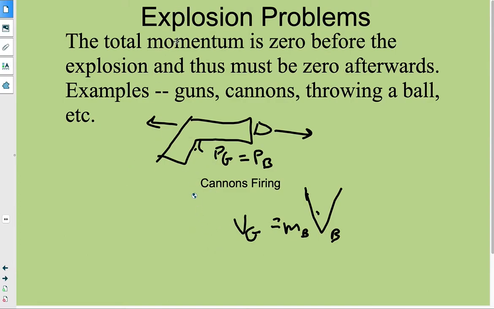So in order for me to make the velocity of this gun as small as possible, you guys, I have to make the mass of the gun really big. So if I have a really big mass, I could have a small velocity.